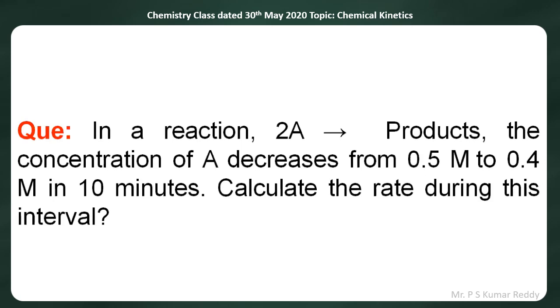The concentration of A decreases from 0.5 molar to 0.4 molar in 10 minutes. Calculate the rate during this interval.